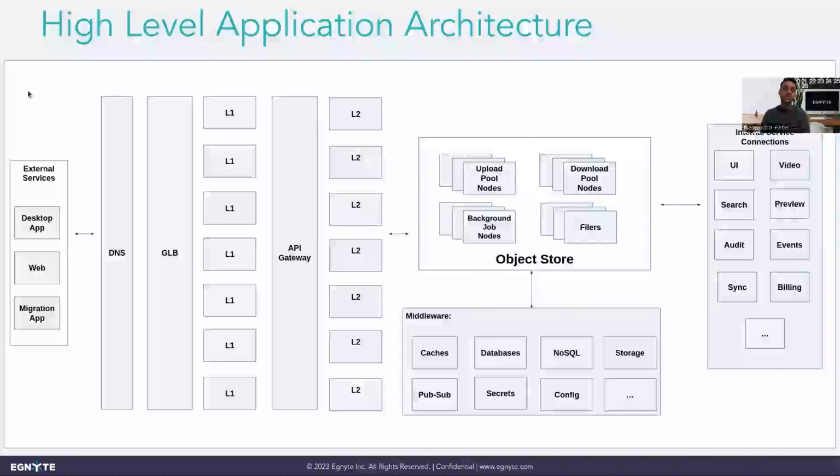The end user or customer can also access the object store by logging into their favorite browser. They can also install the desktop app and use Ignite as their file system. Also, a lot of customers use the migration app to migrate data into Ignite from other providers. So this is the high level overview of the Ignite object store.